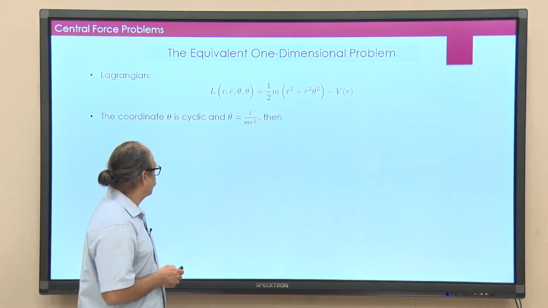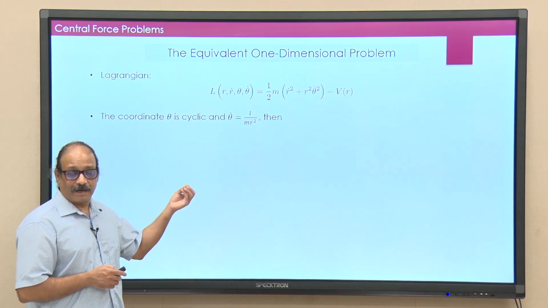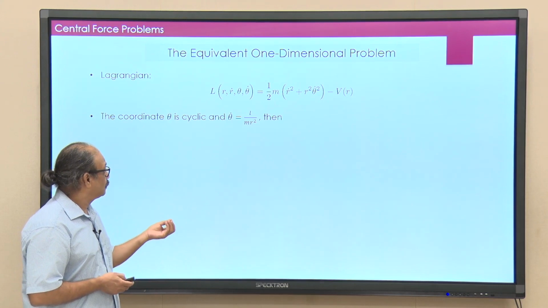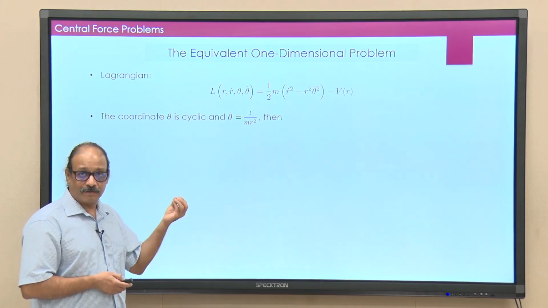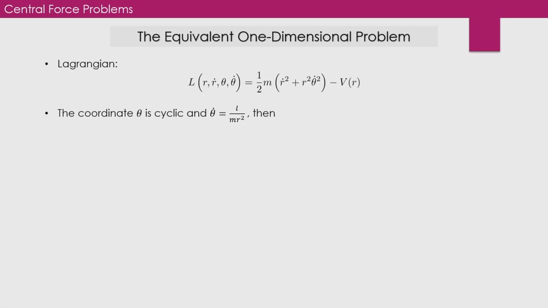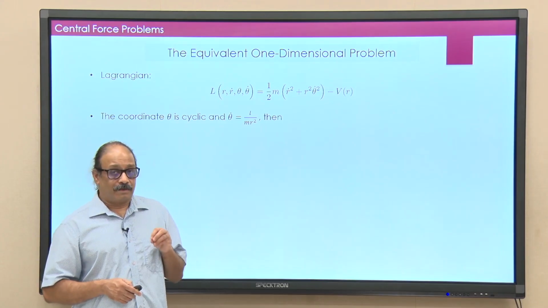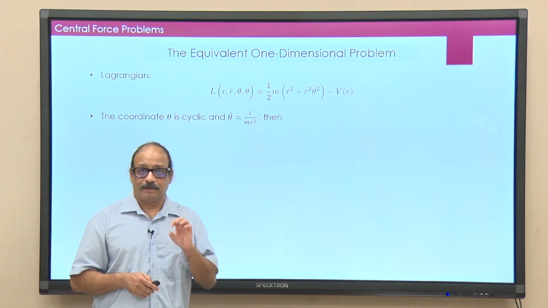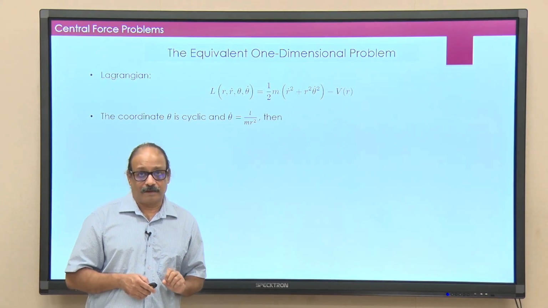So, corresponding that actually relates to angular momentum being constant. So, in this case the z component of the angular momentum, and that is the only component angular momentum has, is constant. So, theta dot is actually L by m r square. So, L is a constant of motion, m is the mass, and theta dot is related to r.